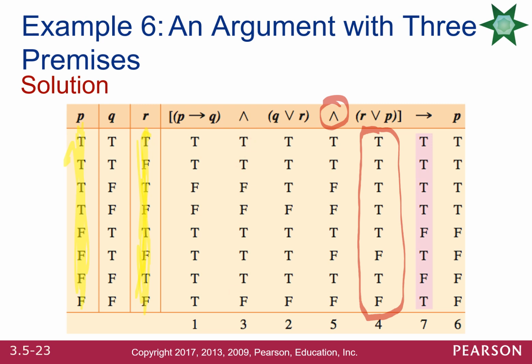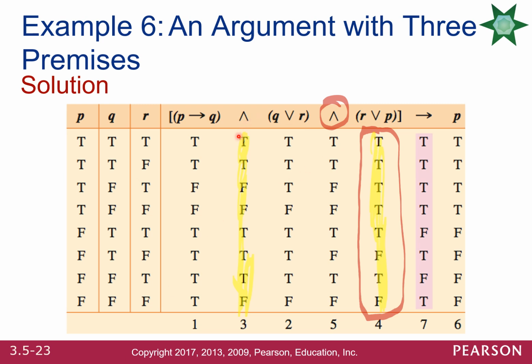Let me highlight it again, and I'm going to erase this and erase this. Okay, so now we are looking at this and this to come up with this conjunction here.